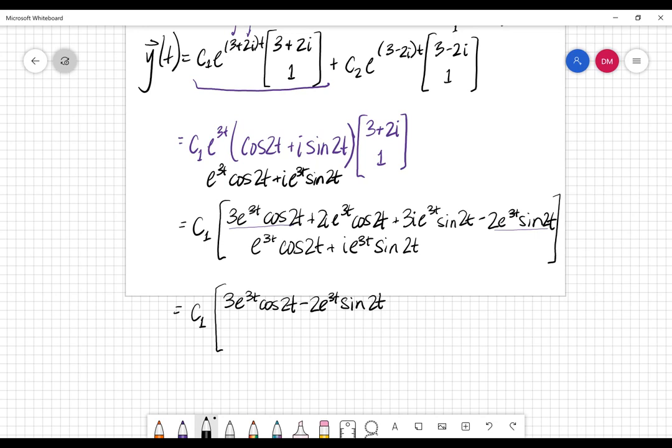All right, and then from element 2 down here, just e to the 3t cosine 2t. All right, so then we are going to have i times C sub 2.